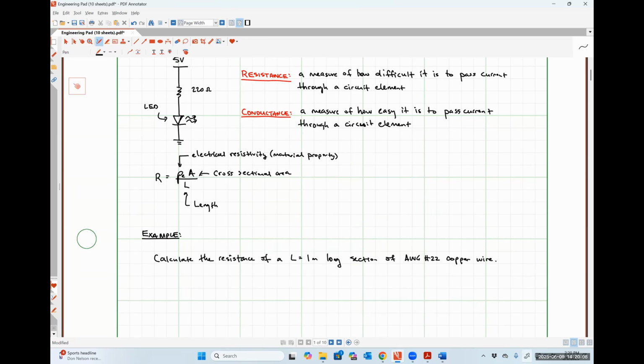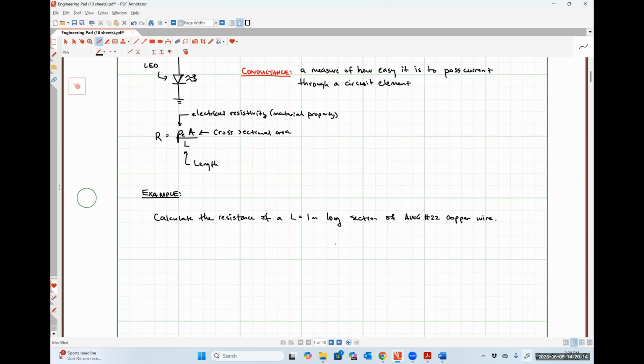Now, I don't expect you to know this off the top of your head by any stretch of the imagination, but the electrical resistivity of copper wire, rho E, is 1.68 times 10 to the minus 8 ohm meters at room temperature.